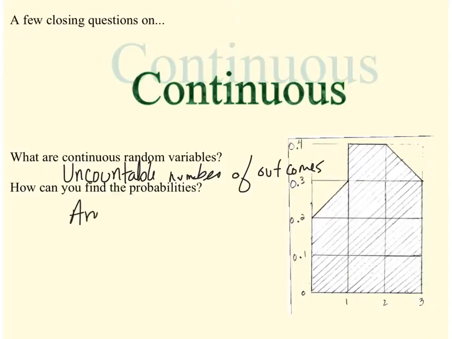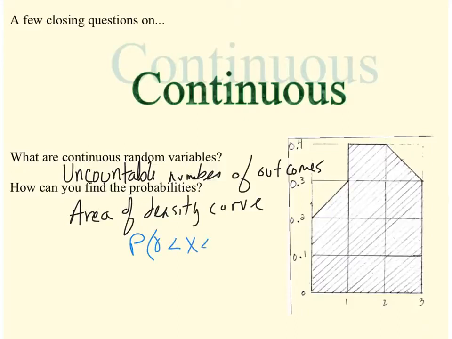We use the area of a density curve. Okay, and I've drawn just a very simple little curve here off to the side. So, for example, if I said, well, what's the probability according to the density curve that I fall between 0 and 1? You would come over and say, well, the area of each box is 0.1, so 0.1, 0.2, it's 0.25.